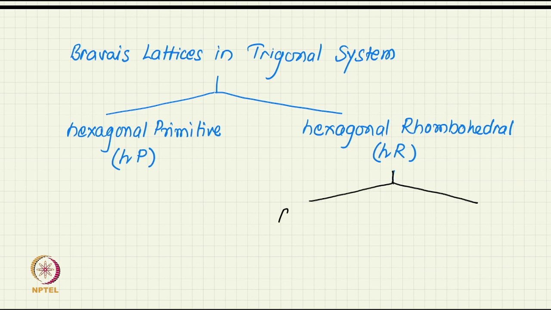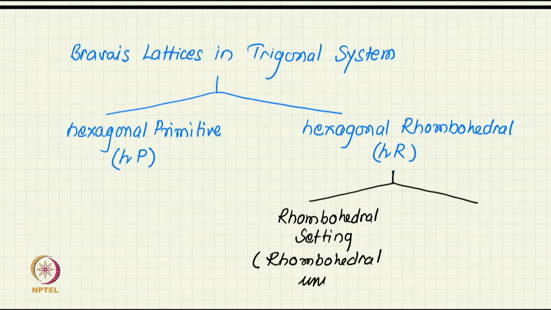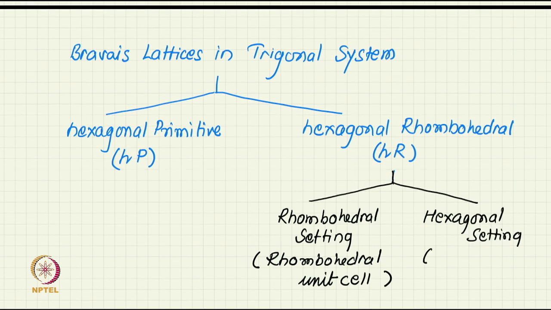These are called settings: the rhombohedral setting, which I will call a rhombohedral unit cell, or the hexagonal setting, which uses the hexagonal unit cell.